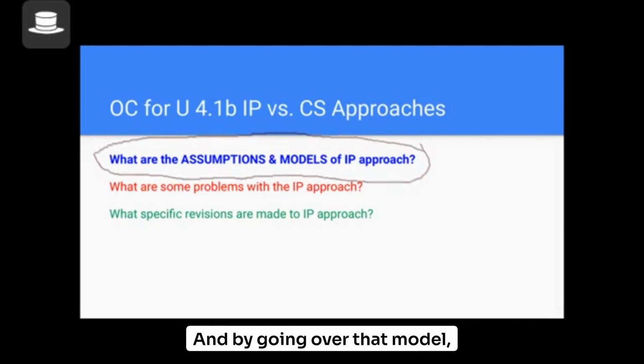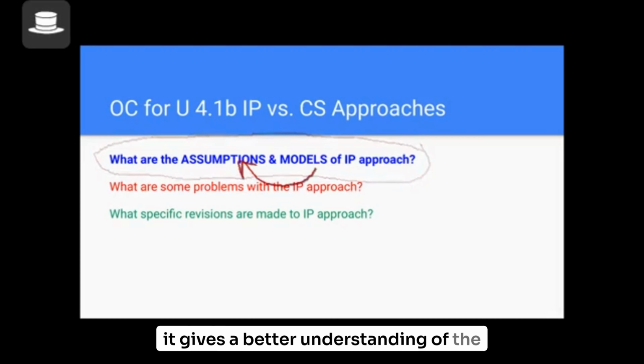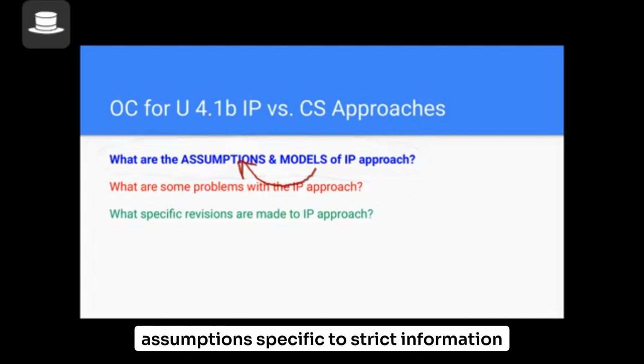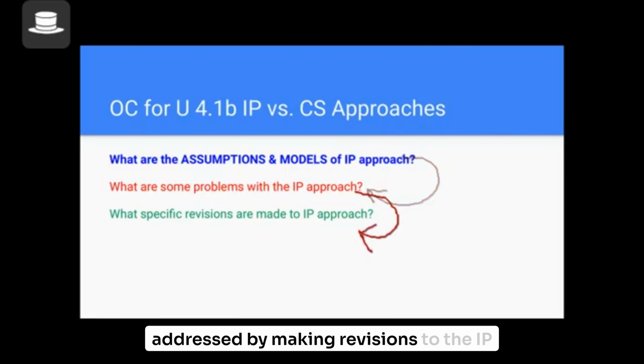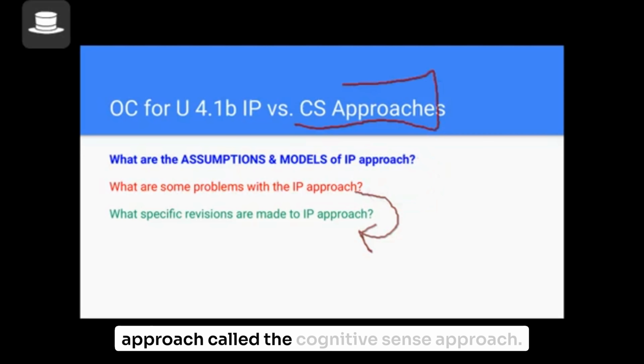Going over that model gives a better understanding of the assumptions specific to the strict information processing approach. Once we understand the specific assumptions of this IP approach, then we'll talk about the problems with this approach, and how these were addressed by making revisions to the IP approach, which resulted in the current approach called the cognitive science approach.